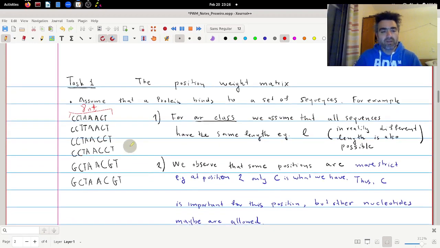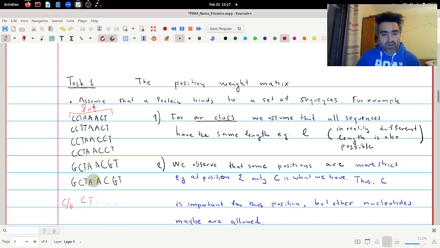Now, if we have a closer look at these sequences, it doesn't seem that all positions are exactly equivalent. For example, in position 1, both C and G are allowed, of course with different frequencies, so it seems that C is more frequent than G. In position 2 only C is allowed, in position 3 only T is allowed, and so on.